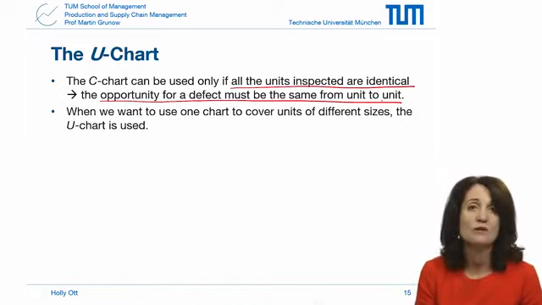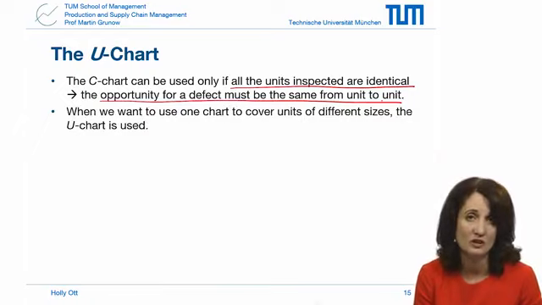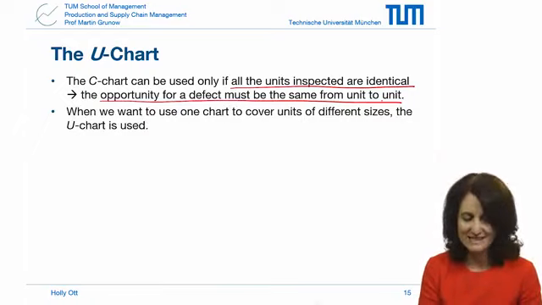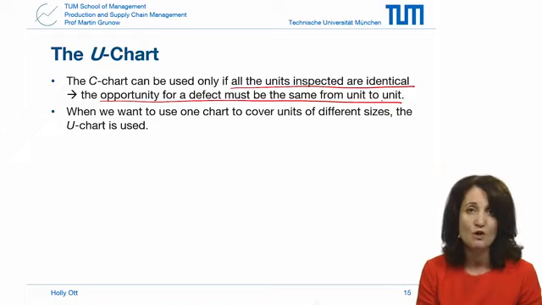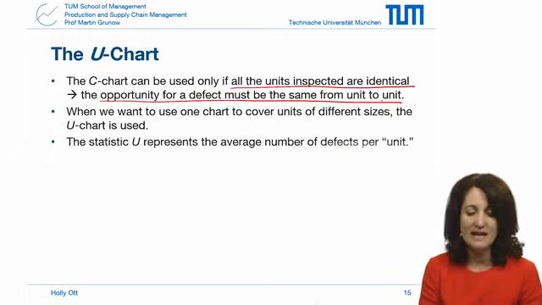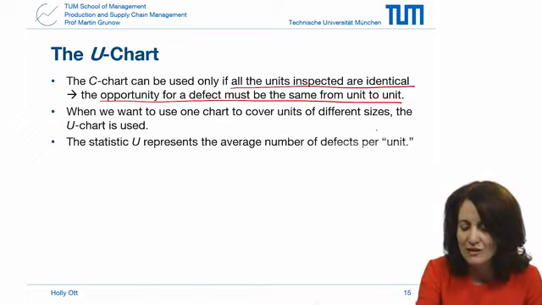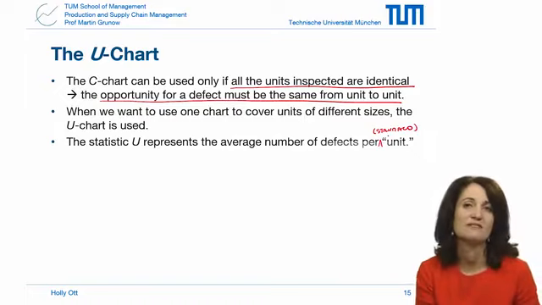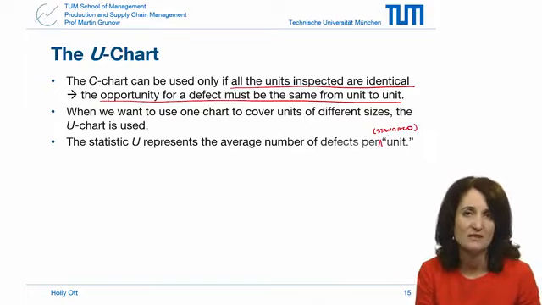This is where we use a U chart. Here we have the statistic U, which represents the average number of defects per standard unit.